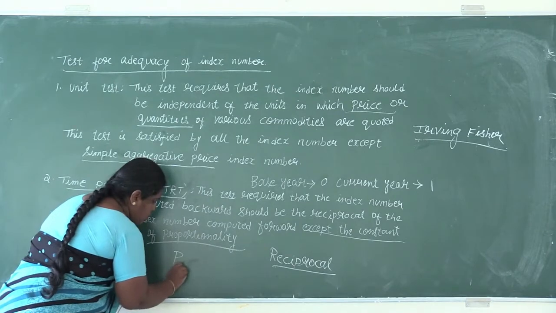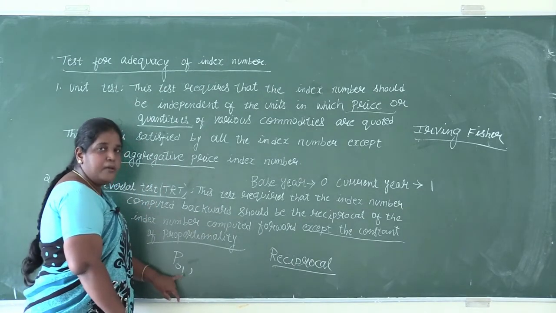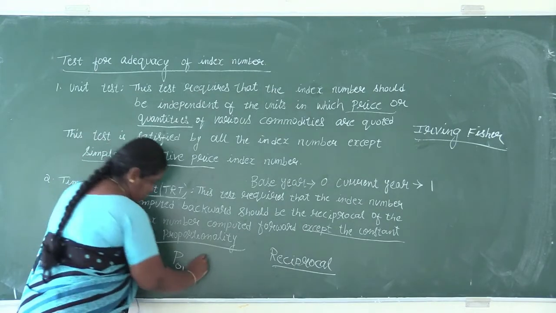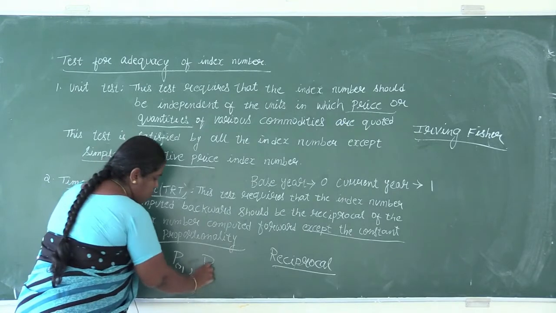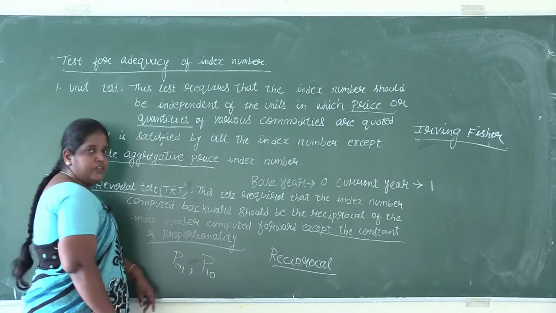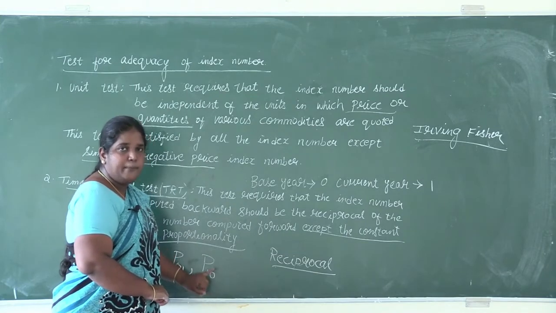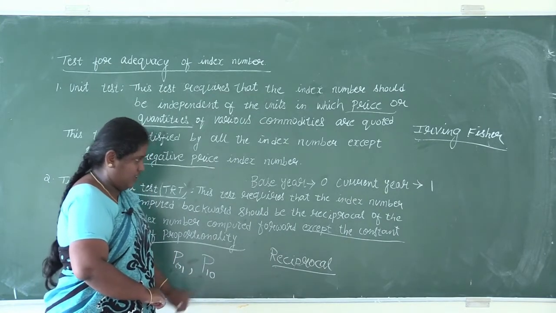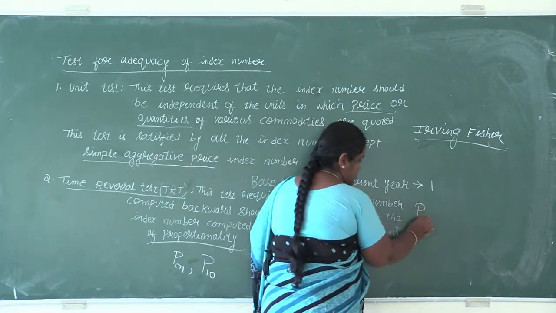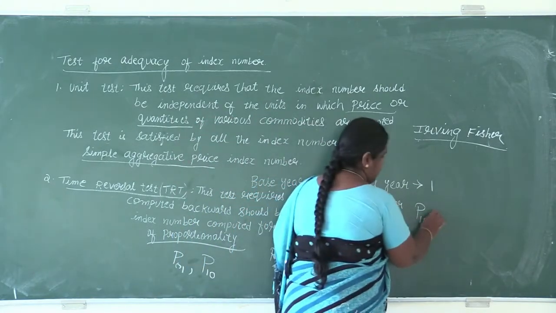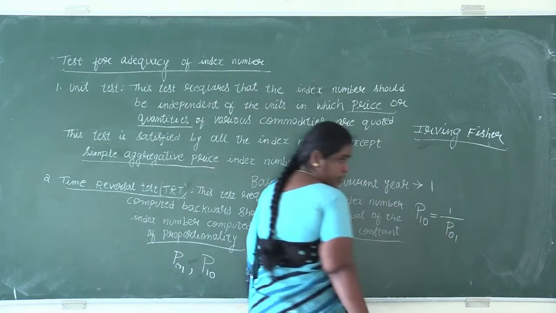So P01 is the price index number of the current year based on the base year. Similarly, when we interchange 0 and 1, we get P10. This will be the price index number of the base year compared to that of the current year. According to this statement, we can write in symbols P10 equals 1 divided by P01.